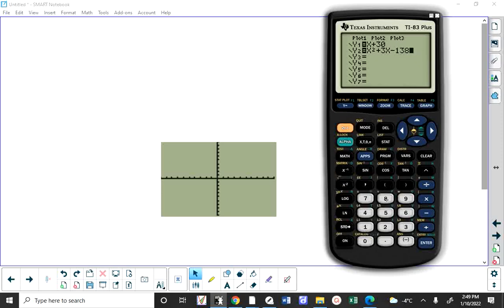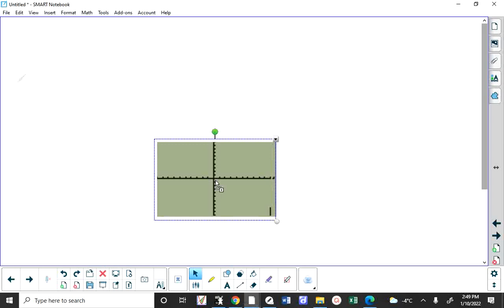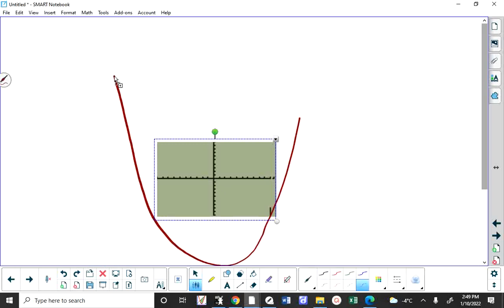I know the y-intercept of that parabola is negative 138. It's going to be something that's not visible. Oh, something appeared there. I'm guessing that this parabola looks something like that.